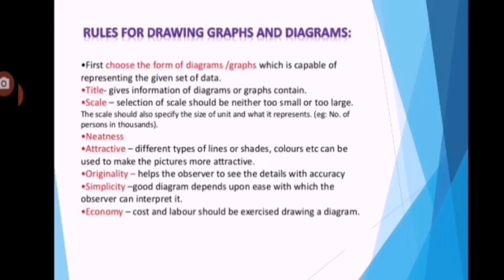Simplicity. A good diagram depends upon how easily the observer can interpret it. That is simplicity. And economy. Cost and labor should be exercised in drawing a diagram. This is economical.